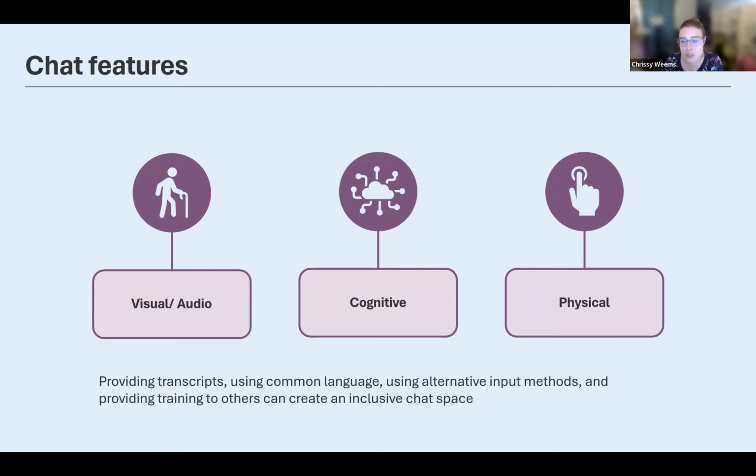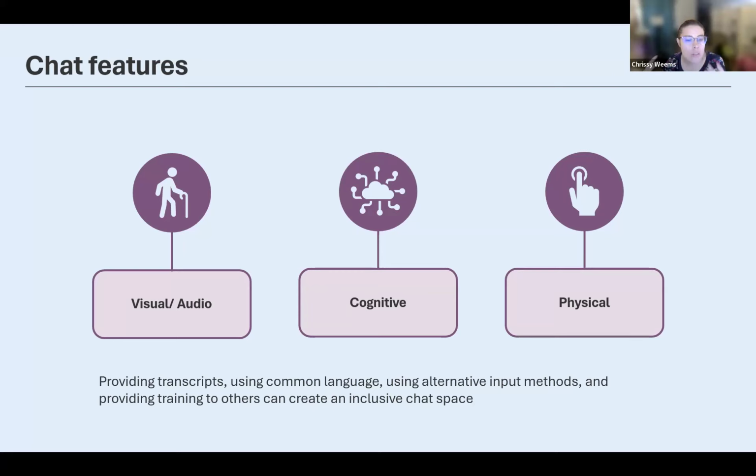Some people may have physical disabilities that make typing or clicking challenging for them. And so there are alternative input methods out there, such as voice commands and assistive technologies, which can empower them to join the conversation and express themselves. So technology alone by itself is just not enough.